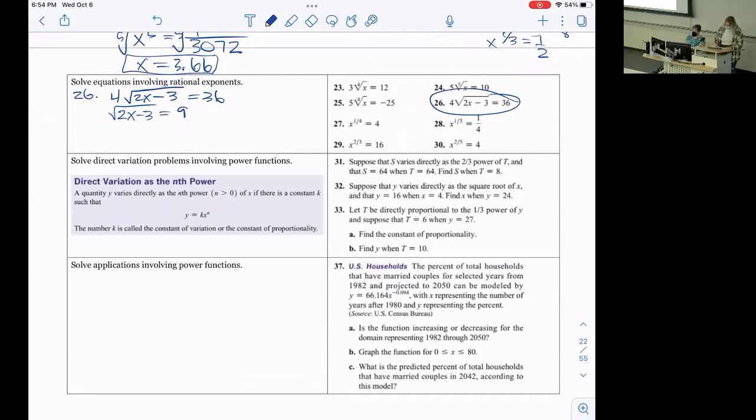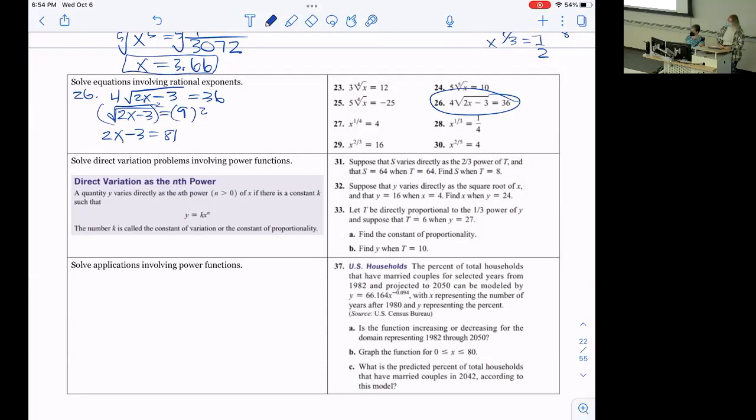And then in order to get rid of the square root, we're going to square both sides. So then we'll be given 2x minus 3 equals 81. And then solve for x. Any questions?